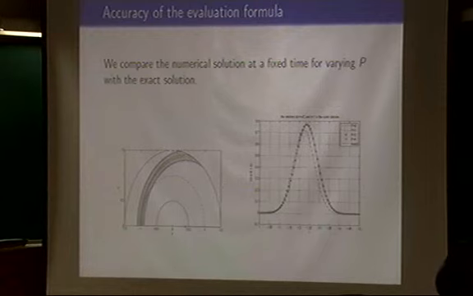So I also have to check the numerical accuracy of the evaluation formula. I have some point source here. Here is my calculation domain, and I build the auxiliary variables for the boundary condition, and then I compare my solution from the representation formula with the exact solution. I don't have any reflections here.